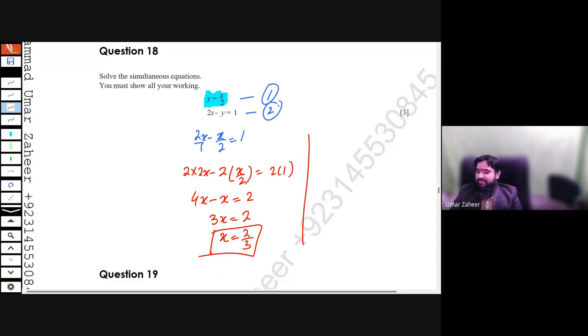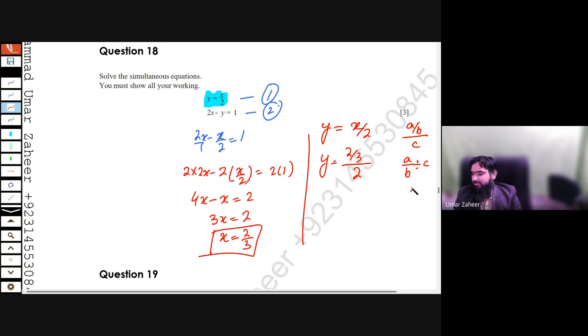Now you want to find the value of y. We have equation 1, y is equal to x divided by 2. So y is equal to 2 divided by 3 divided by 2. It is the same as a divided by b divided by c. In other words, it will be a by b divided by c.